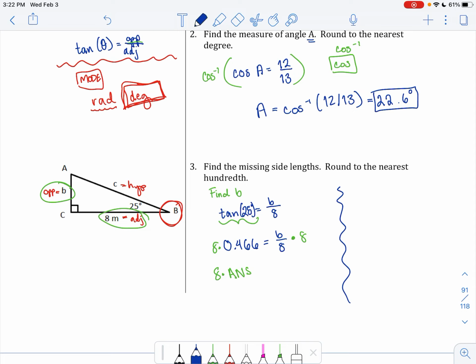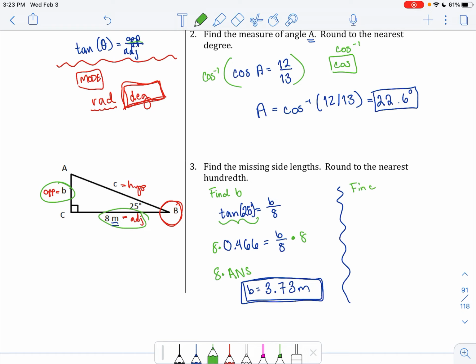And that tells me that B is equal to 3.73. That's the nearest hundredth. And since the unit here is meters, B is 3.73 meters. So there we go for B.